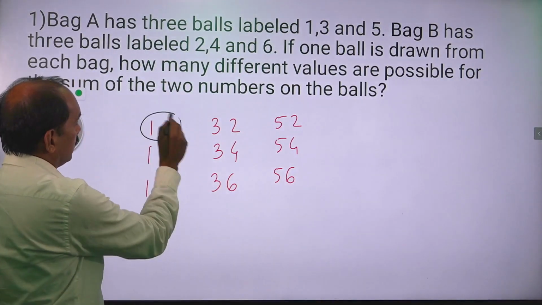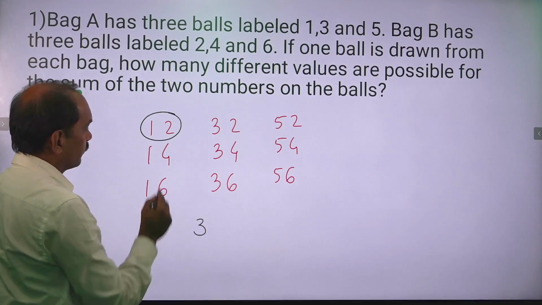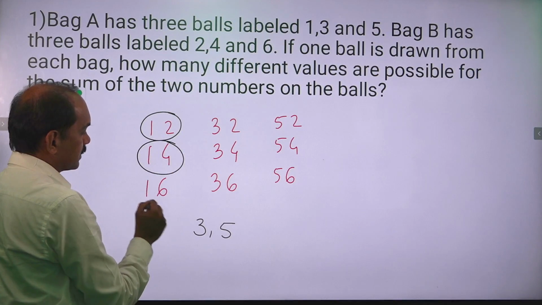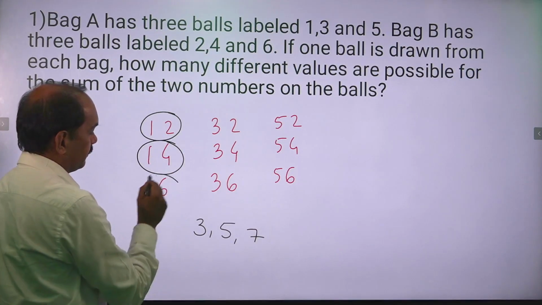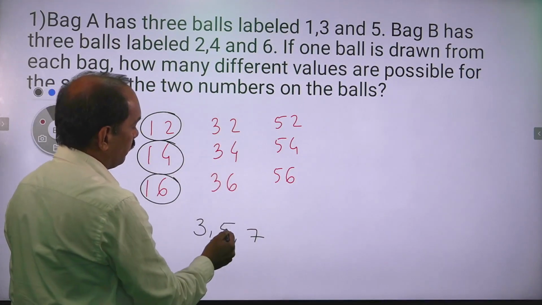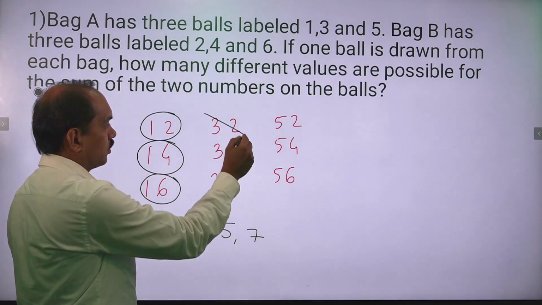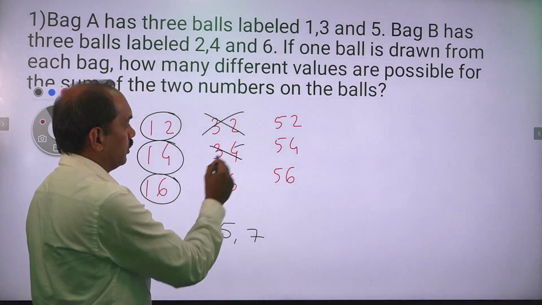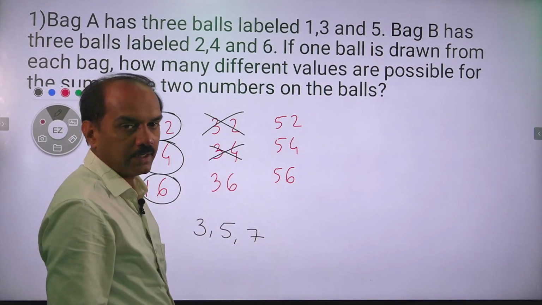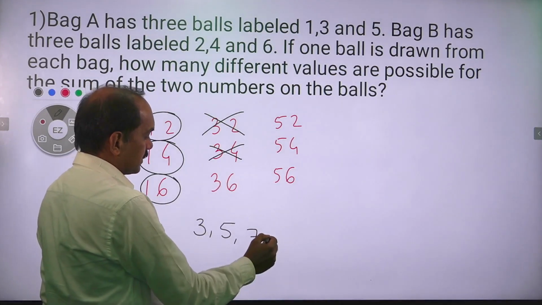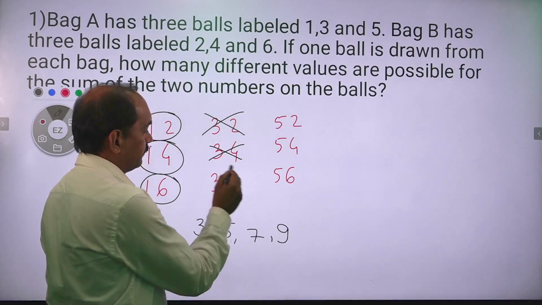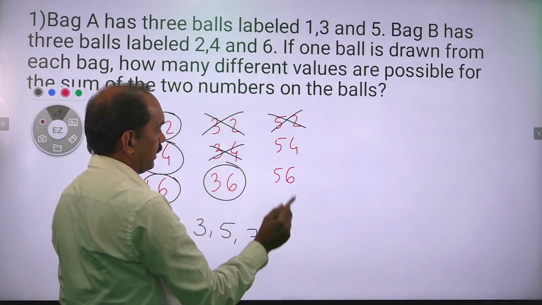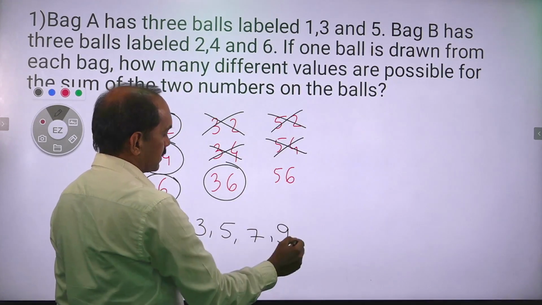1 and 2 together it is 3, 1 and 4 together 5, 1 and 6 together 7, 3 plus 2, 5, 5 is already there, so we don't want this because it is already there. 3 and 4 together 7, that also we don't want because already we have written 7. 3 and 6, yes, we can write 9. 5 and 2, 7 is already there, we don't want this. 5 plus 4, 9 is already there. 5 plus 6, 11.